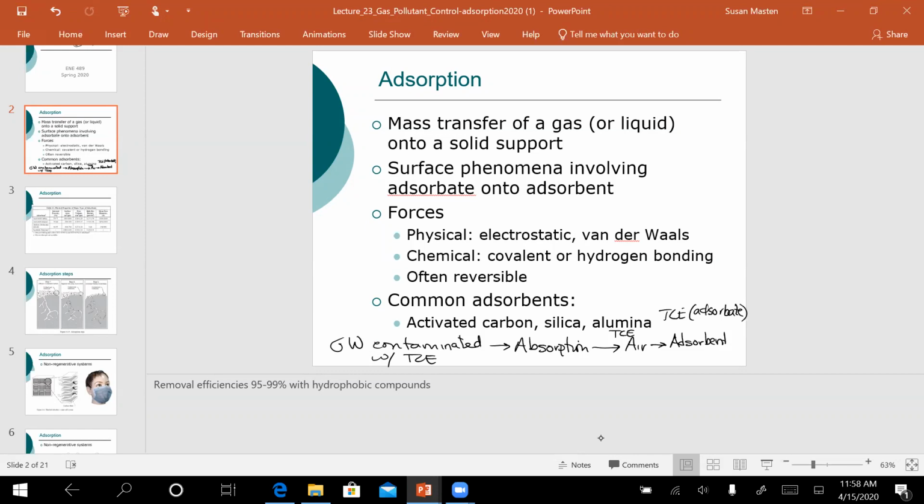Somebody comes visiting, you let them have a cigarette in the house, and then after they leave, you smell the cigarette smoke in the living room. What's happened? It's sorbed. Those chemicals in that cigarette smoke have sorbed onto the fabric. So they're actually held there by some physical forces, typically, and the fabric itself acts as the sorbent.